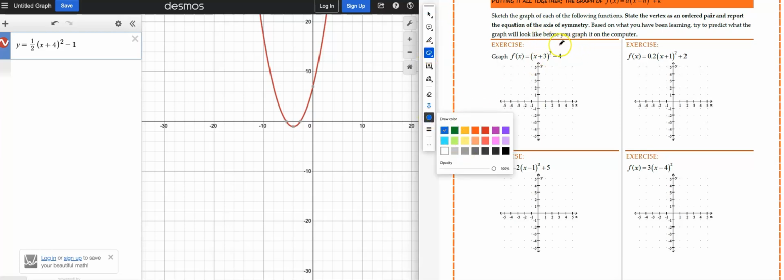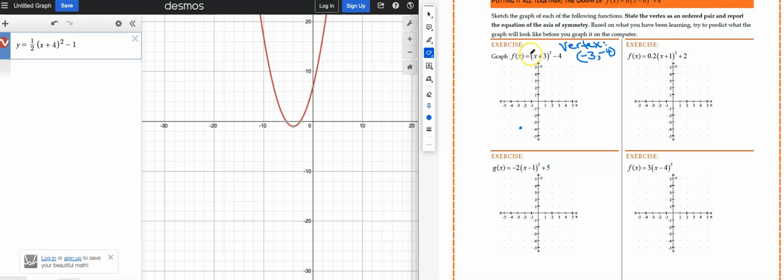Okay, so what would the vertex be? -3, -4. Okay, so we know that's going to be left 3 and down 4. So that's going to be our vertex point.